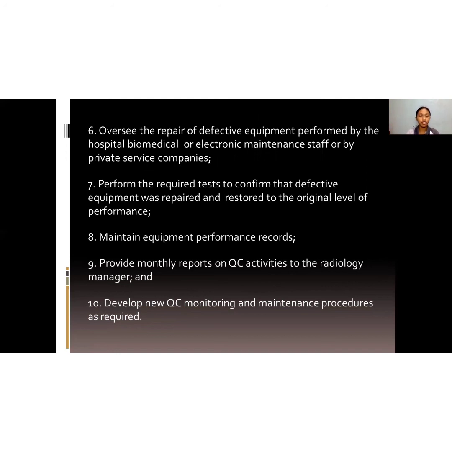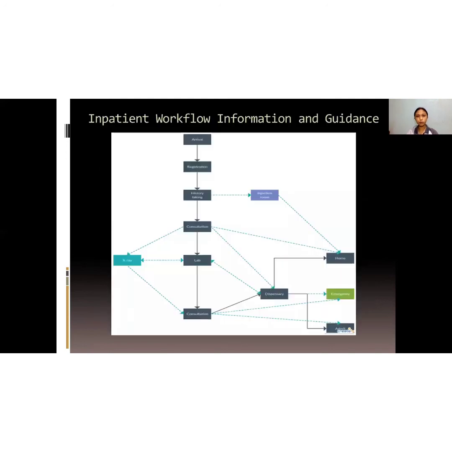Seven, the technologist should perform the required tests to confirm that defective equipment was repaired and restored to the original level of performance. Eight, maintain equipment performance records. Nine, the technologist should provide monthly reports on quality control activities to the radiology manager. And 10th, to develop new quality control monitoring and maintenance procedures as required.